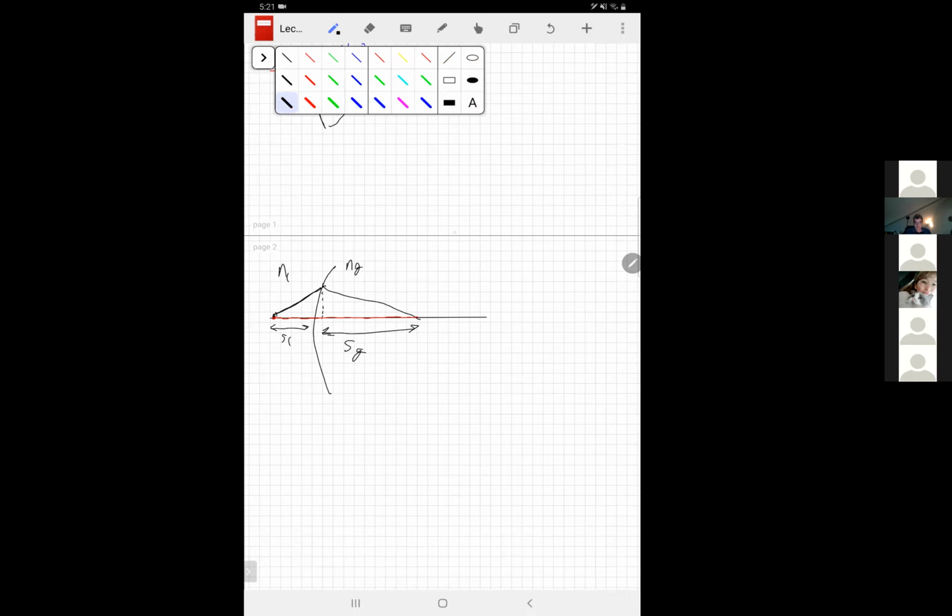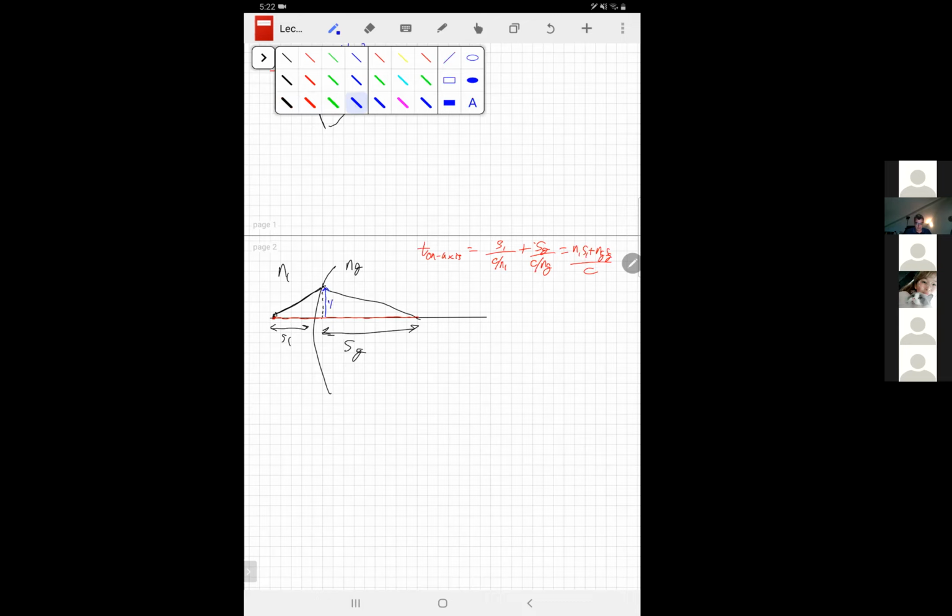So let's see here. Time for the on axis path. Well, that's going to be S1 over C over N1 plus SG over C over NG, which is N1 S1 plus NG SG over C. Then we look at the off-axis path.